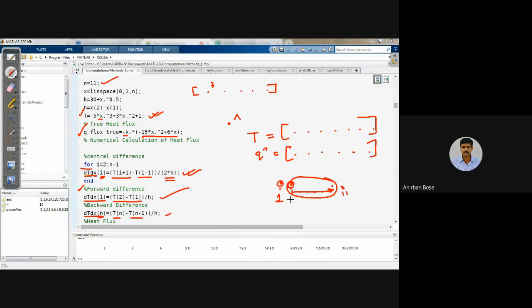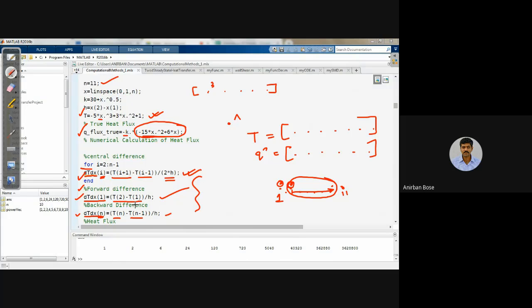In this way we have defined dT/dx at each and every point. Previously we used the differentiation formula to calculate dT/dx; now we have defined it at each of the 11 grid points using the difference formulas.